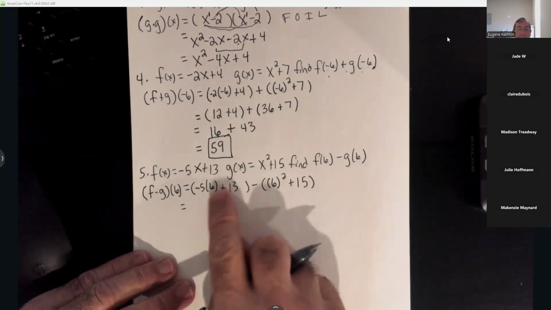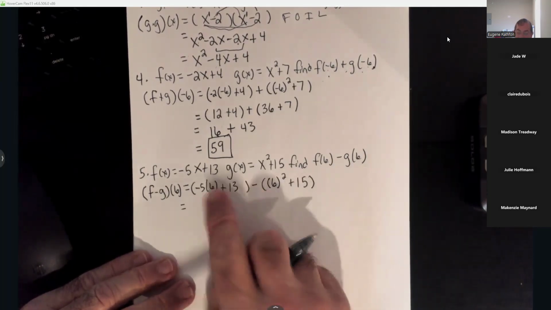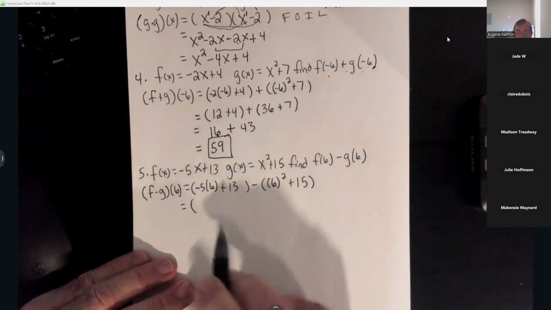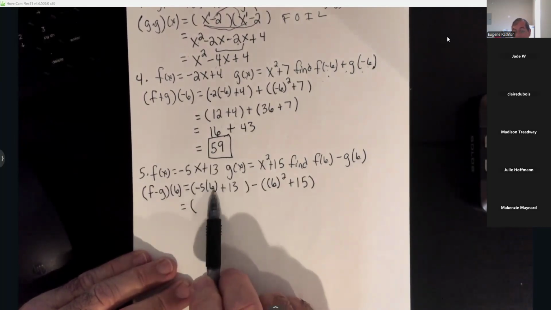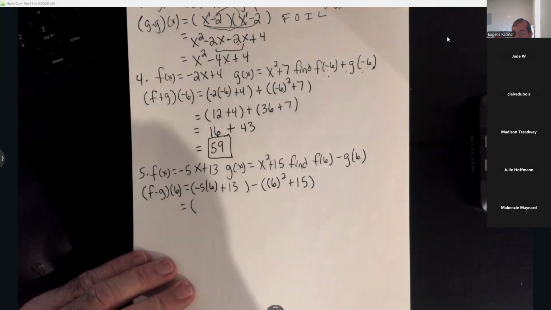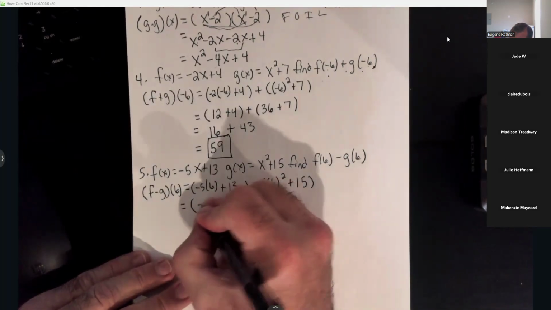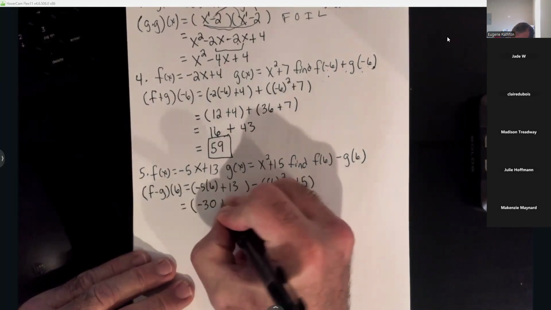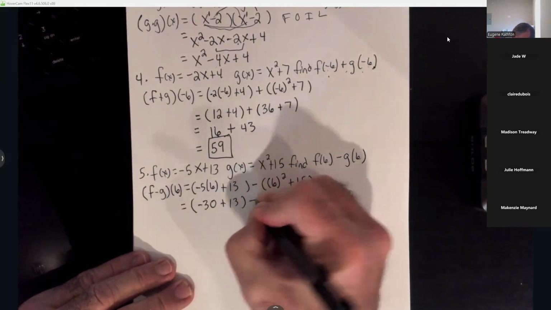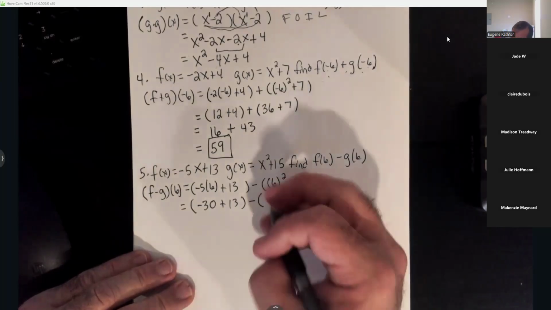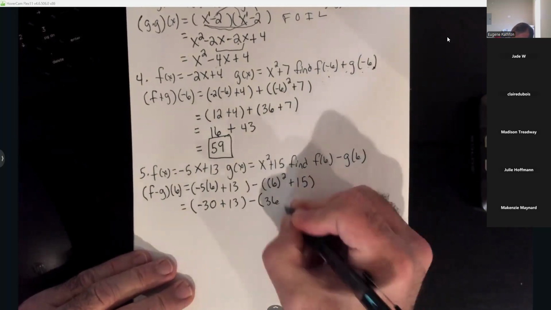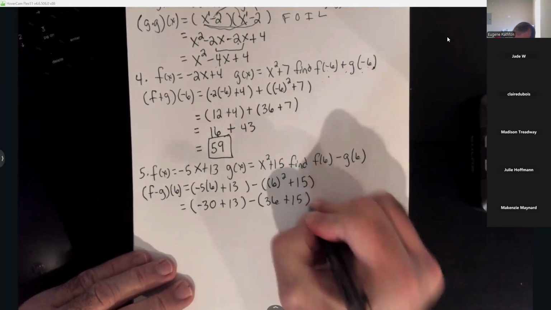So once again, I'm going to work inside of each of my parentheses. So y'all, the first one I'm going to multiply before I add. So negative 5 times 6 is a negative 30 plus my 13 minus, here you would do the exponent first before you add. So 6 times 6 is 36 plus my 15.